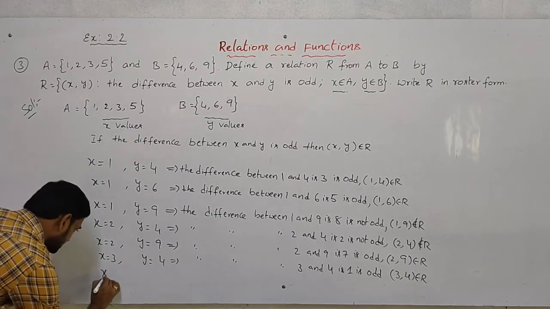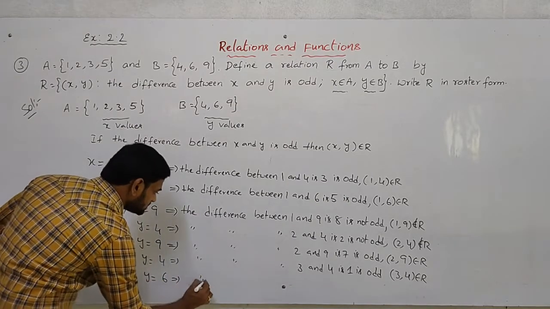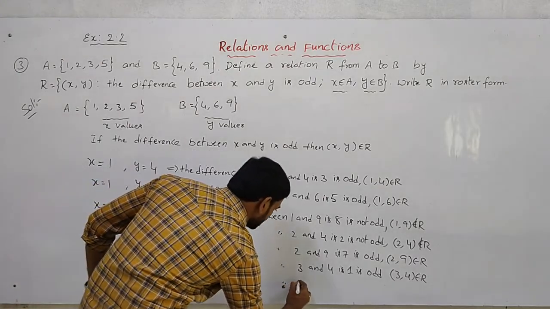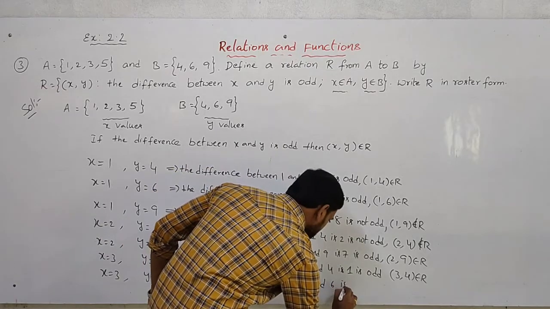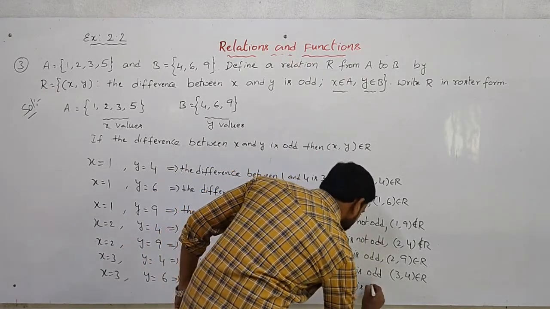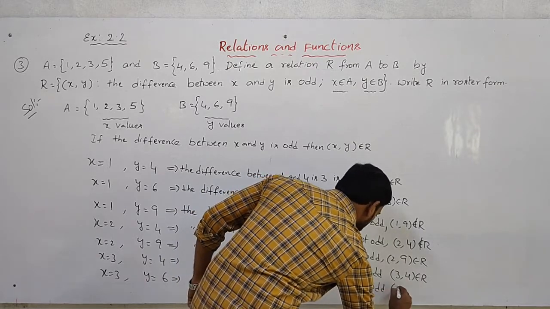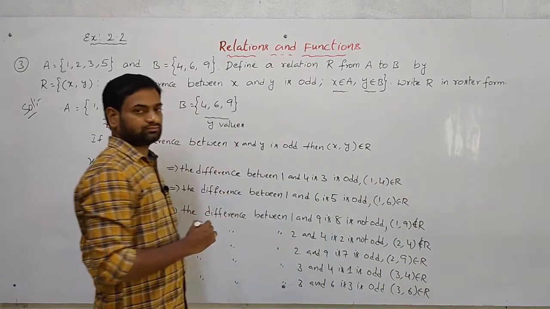So we can take x equal to 3, y equal to 6. Then the difference between 3 and 6 is 3. So it is odd. When it is odd, (3, 6) is also in the relation.